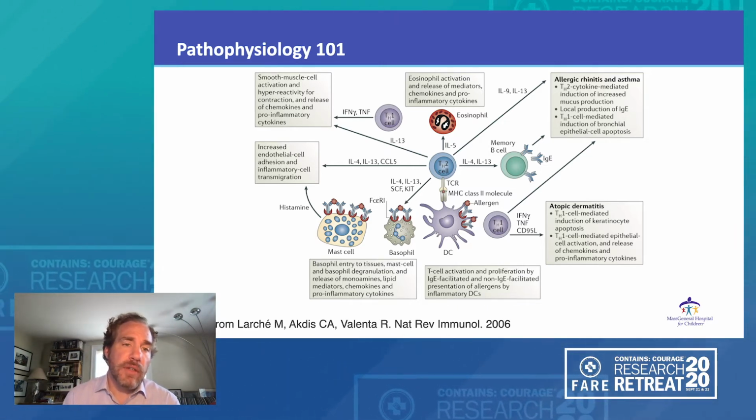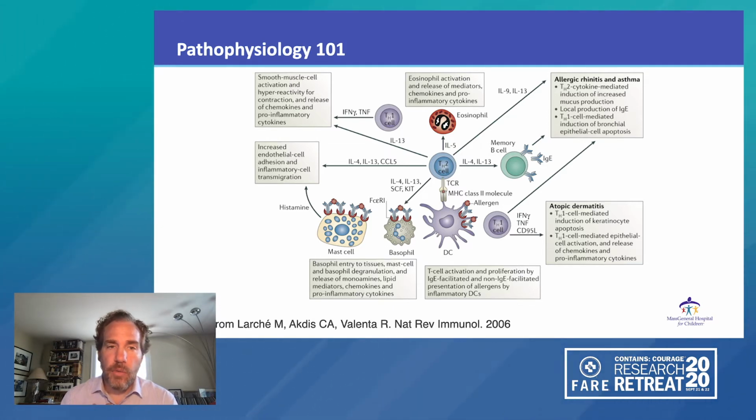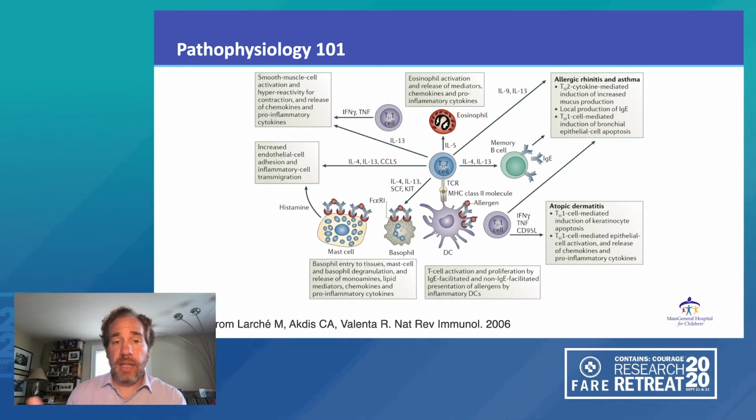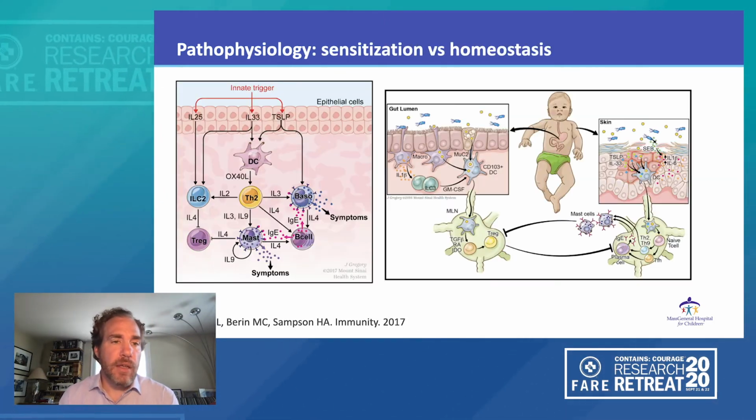That's not all these subsets of Th2 cells do. They play important roles in other aspects of allergic inflammation, particularly when there's chronic allergen exposure. Something that we appreciate is probably the case even when patients aren't knowingly ingesting allergen.